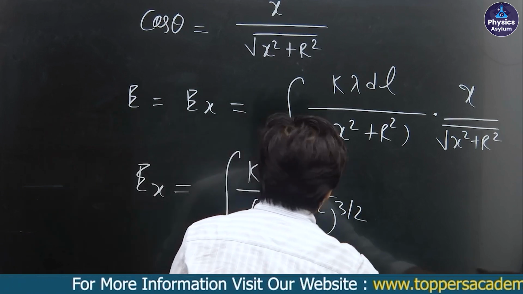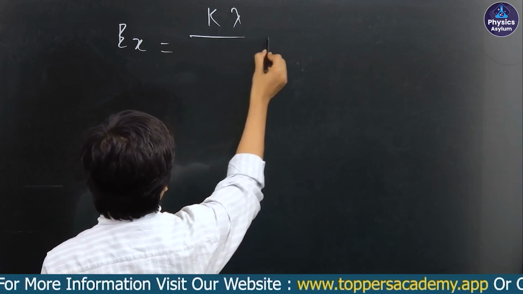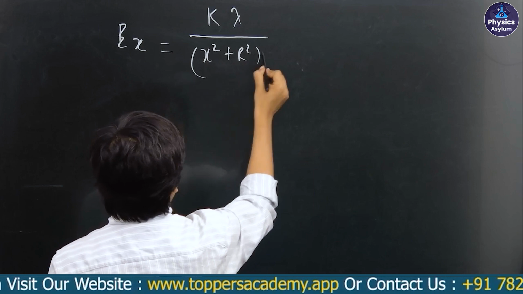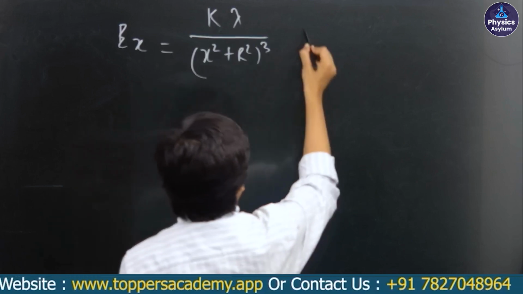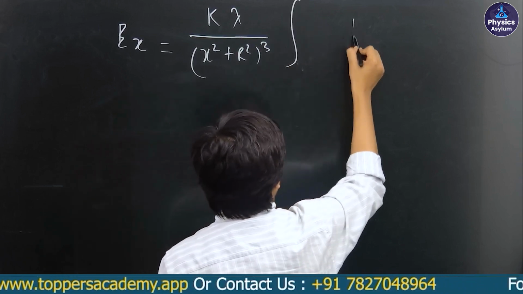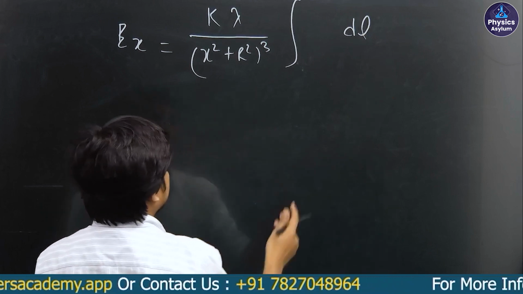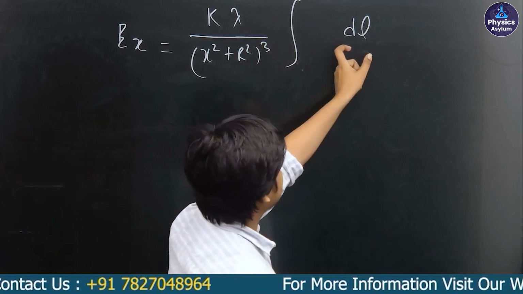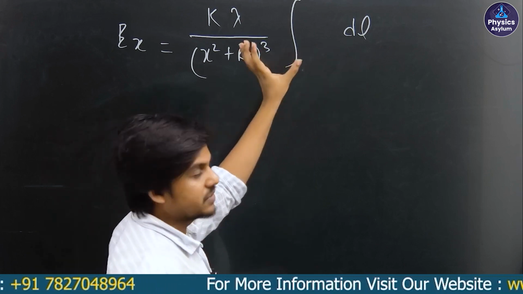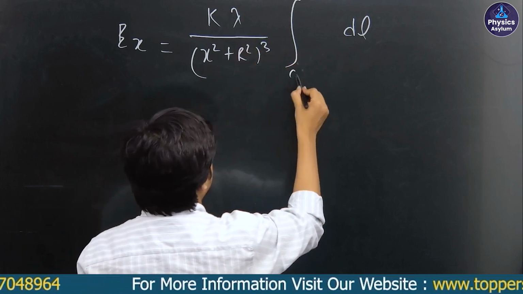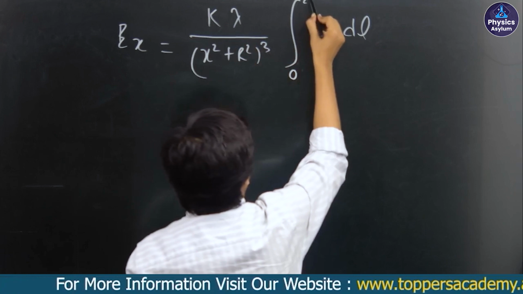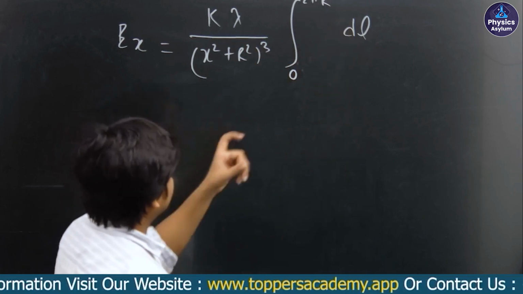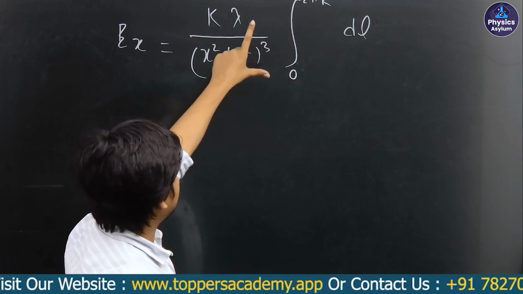So k lambda divided by x square plus r square raised to the power 3 by 2 into the integration over the whole circumference. This length is actually an element of the circumference, so our limits will vary from 0 to 2 pi r.